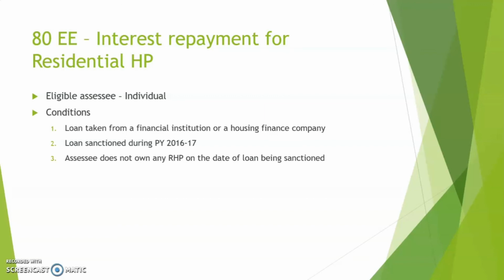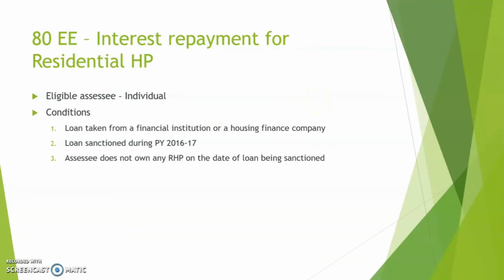Repeating, on the date on which the loan is sanctioned, the assessee should not have any residential house property in his or her name. That is the third condition.